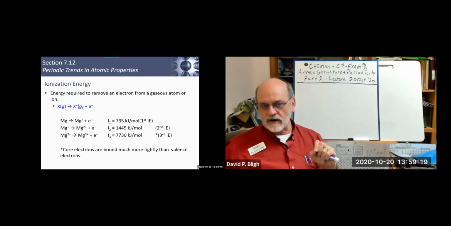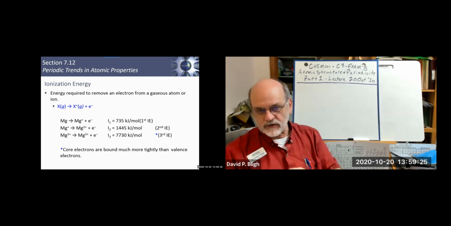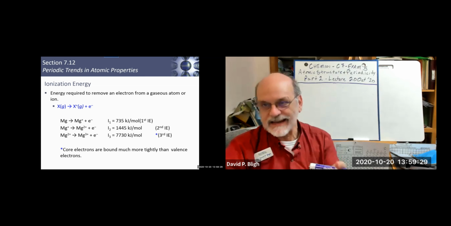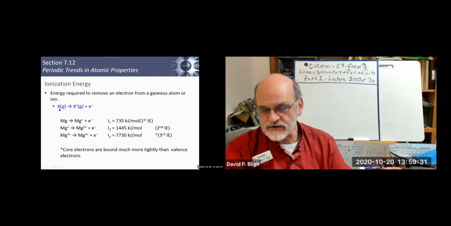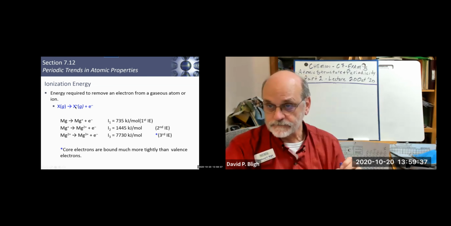That's the way gases are. So any energy you add beyond that goes into removing an electron. And that's why we write it this way. X represents any element in the gaseous state. We add energy and we get a singly charged element, an ion, plus the electron that's been removed.